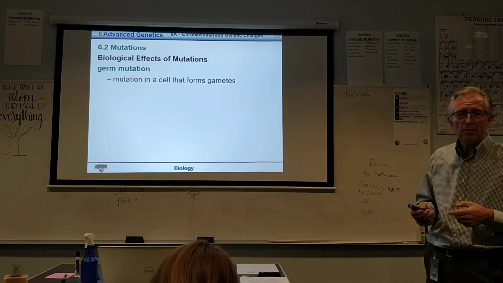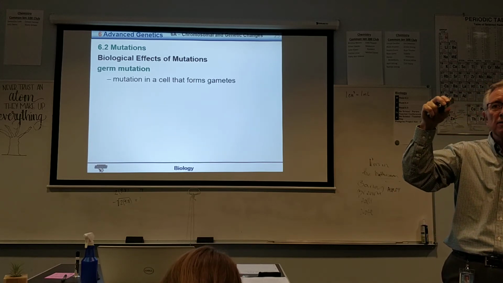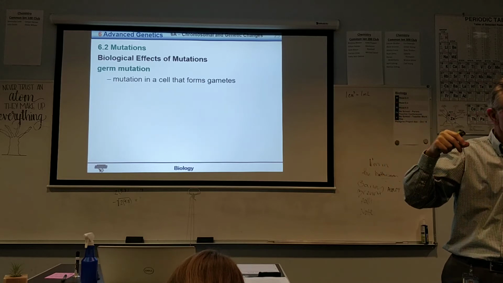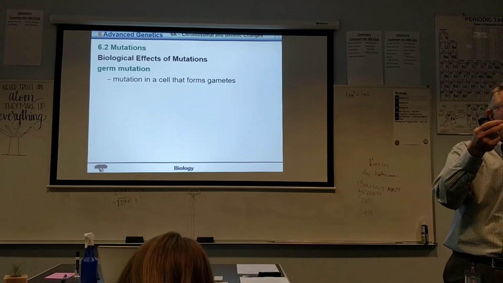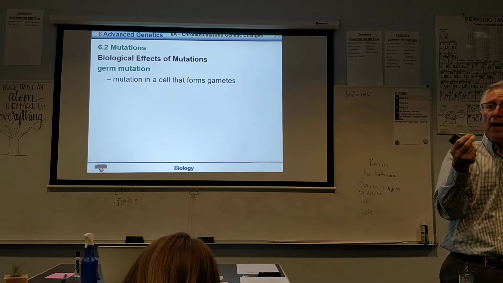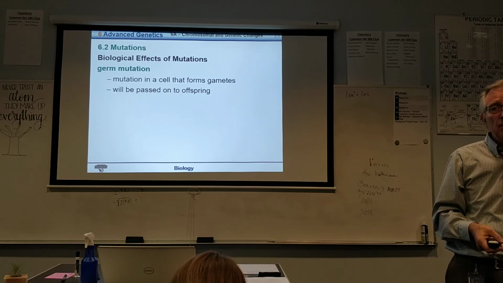A germ mutation, though, is a mutation that happens in the sex-forming cells, the cells that form sex cells, that will get passed on to the offspring. That's not a good thing.